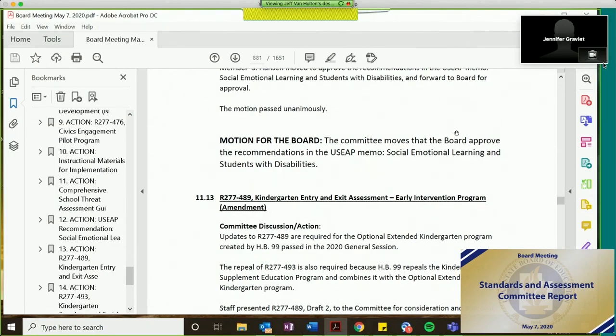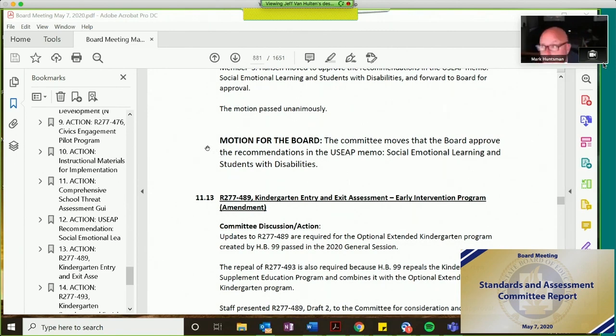Okay, number 11.12, the USEEP recommendations, social emotional learning and students with disabilities. The motion before the board is the committee moves that the board approve the recommendations in the USEEP memo, social emotional learning and students with disabilities.